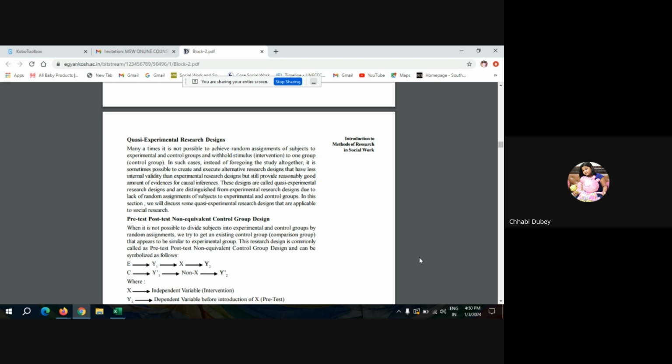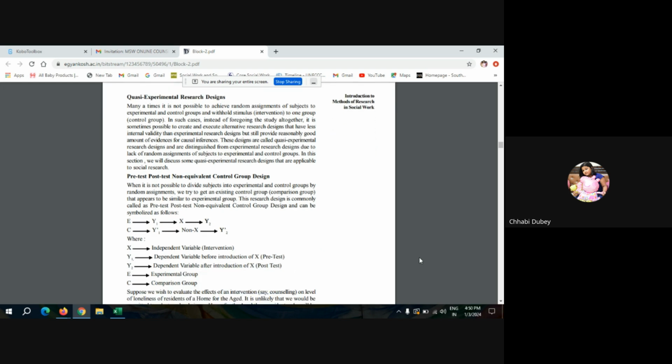Now, these are different from experimental research designs due to the lack of random assignment of subjects to experimental and control groups. Here we do not randomly assign subjects to experimental and control groups. In this section, we are going to discuss some of the quasi-experimental research designs that are applicable to social work research. So here we have the pre-test, post-test, non-equivalent control group design.